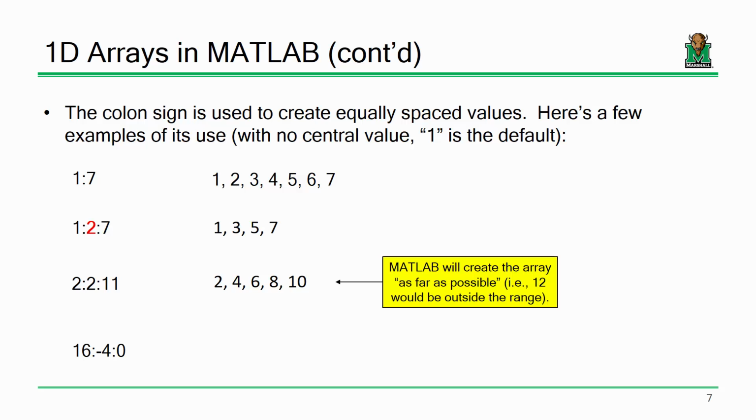All right. So we can even do negatives, and we can go in reverse order for the assignments. So here it's saying 16 is our beginning, -4 is the stepping direction and distance, and then 0 is the end.